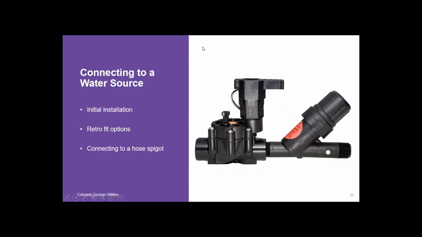So connecting to the water source, there's really 3 scenarios that are at play here. Either it's part of an initial installation, so this is what it would look like for an initial installation. This valve is designed for drip irrigation, but also, again, we have this filter here that has that built-in pressure reducer and filter.